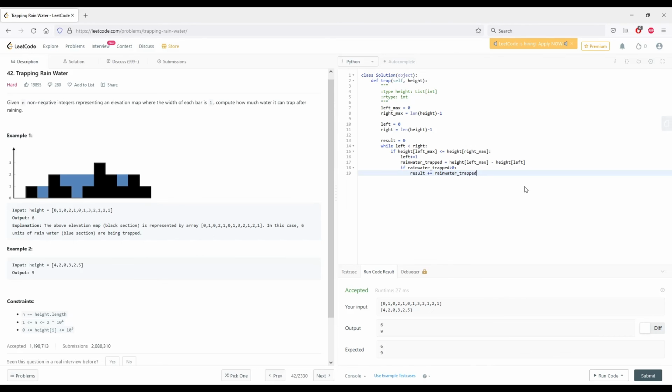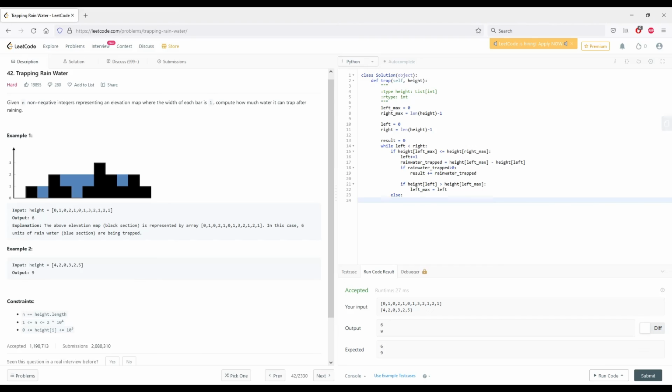And finally, if our current left position, height left, is greater than height left max, update left max to the new height position.